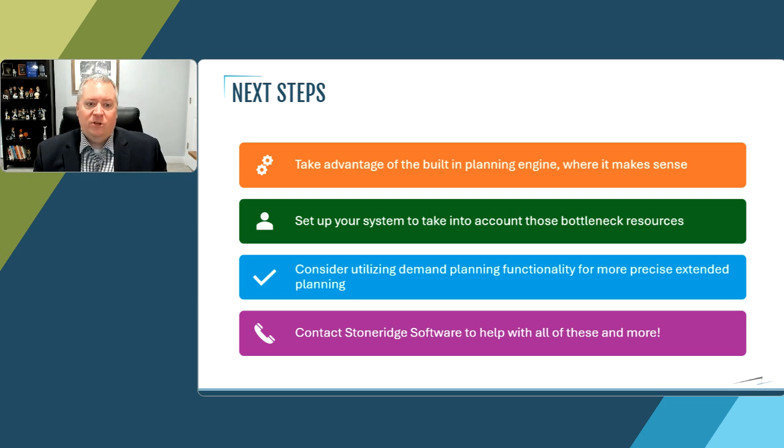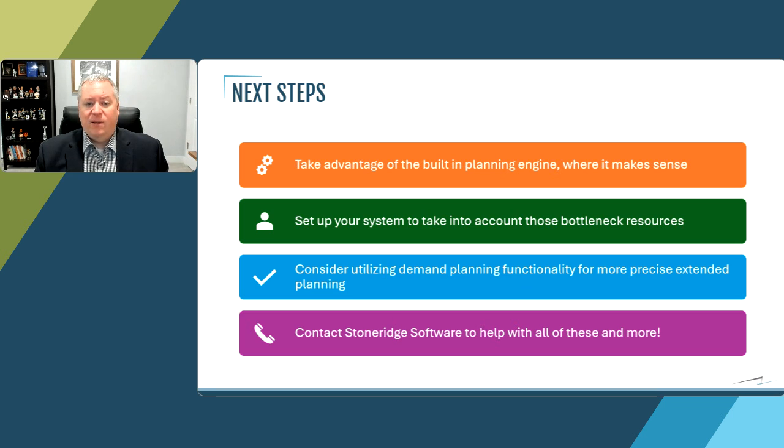You also should be setting up your system to take into account those bottleneck resources. So any resources that you have in D365 that are maybe a little bit less efficient, maybe a bottleneck resource in your process, make sure that your system is set up to take those into account.